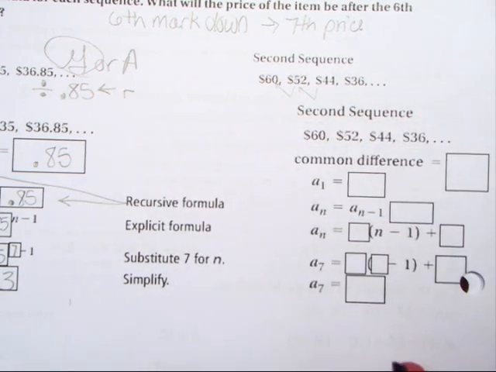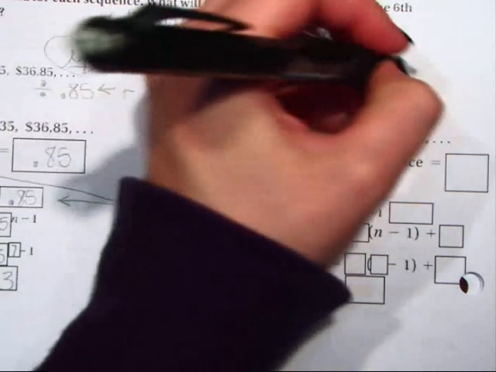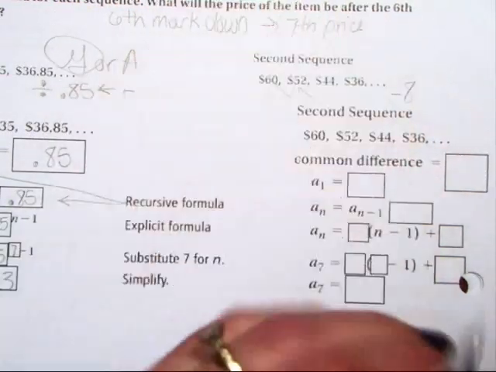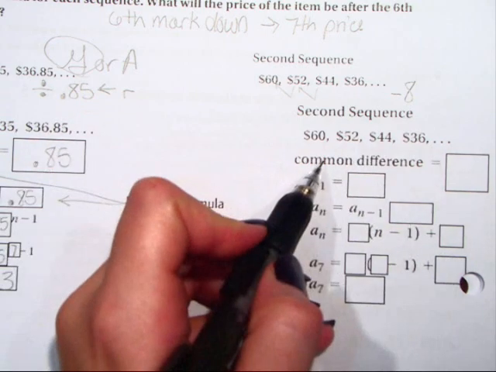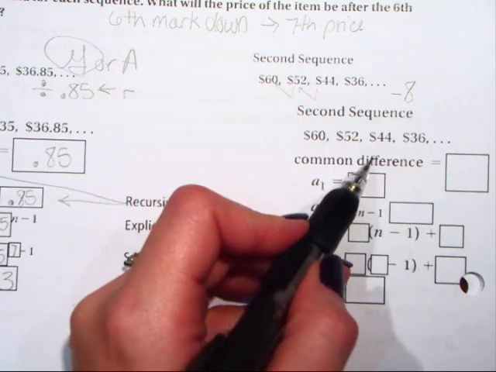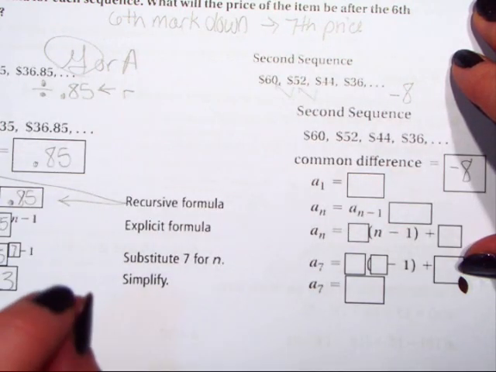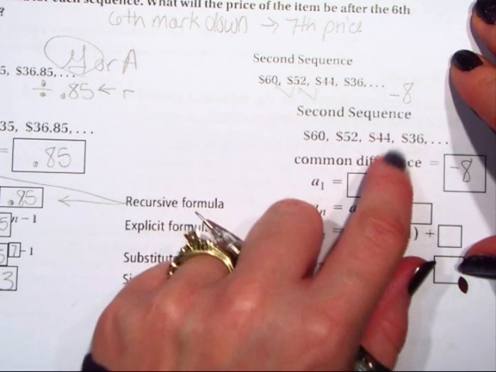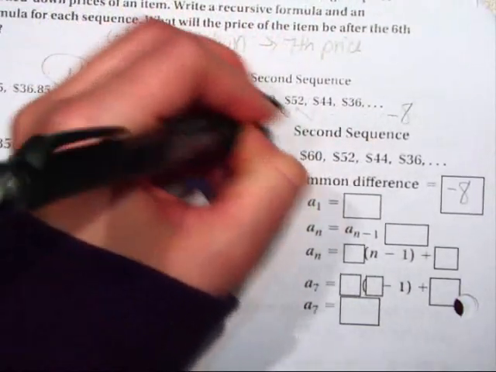What I hope you notice is that this time, what's happening is it is subtracting 8 each time. So this time we have a common difference of -8. This is not a division problem. This is a common difference problem. This one is arithmetic.